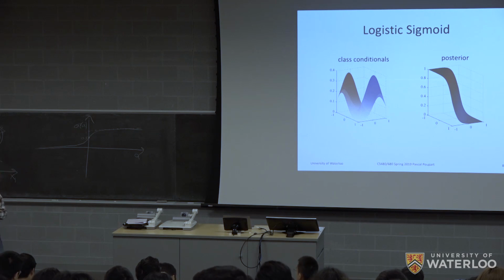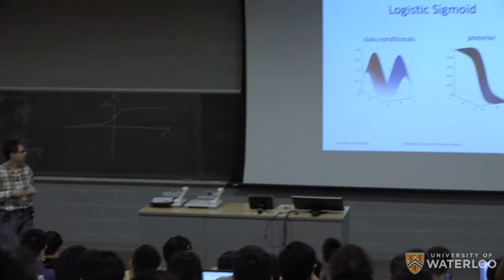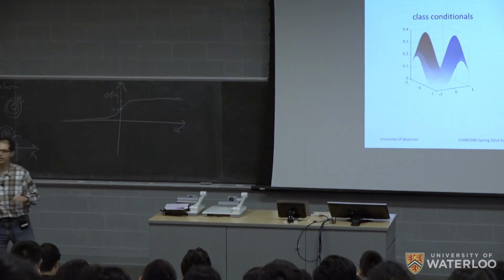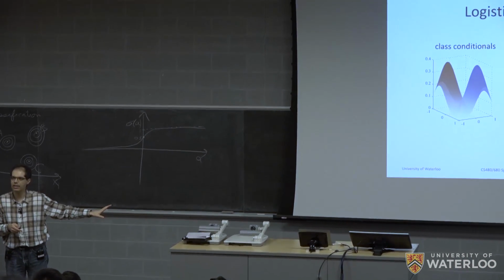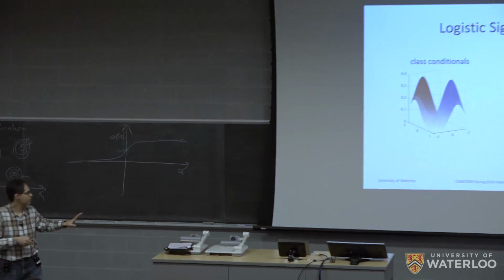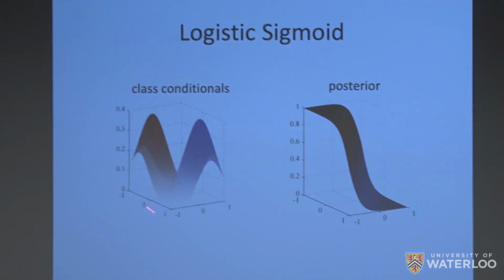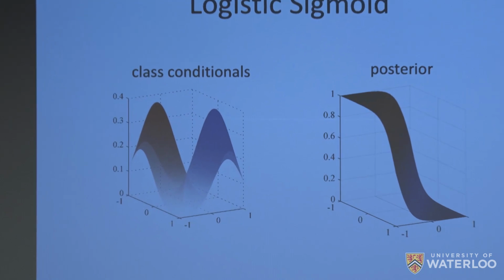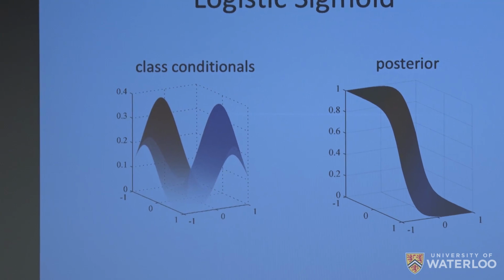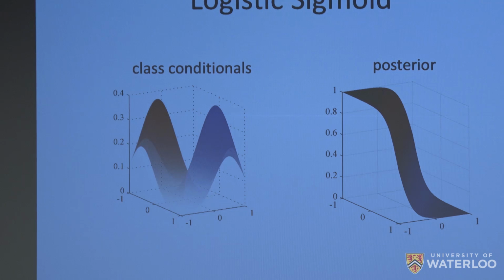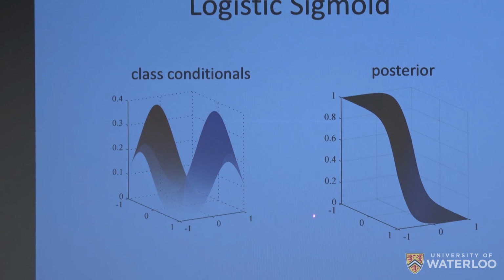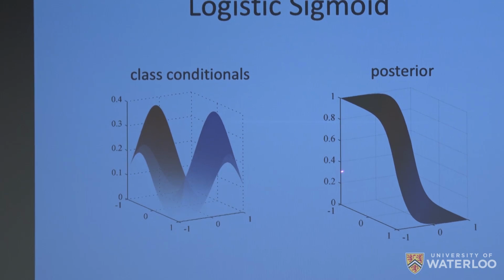Yeah? Are the lower axes common at the bottom? Say that again. So the axes at the bottom, are they common between the two? Yes. So here, this axis is the same as this one, and this axis is the same as this one. The y-axis has a different interpretation, right?